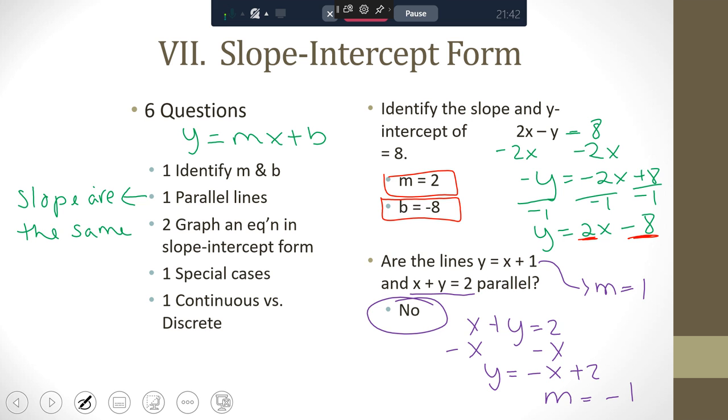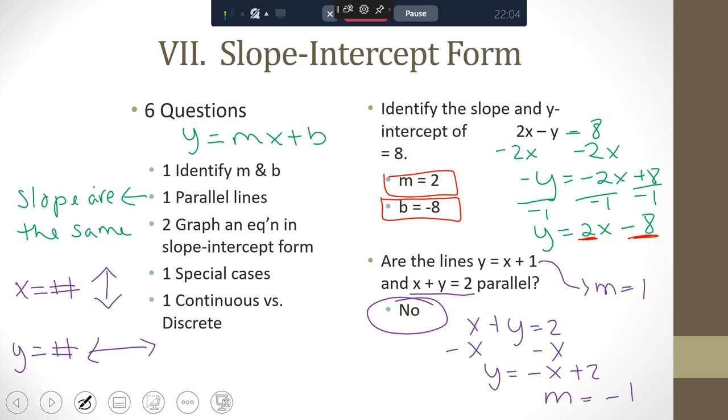Special cases. Again, we only have 2 special cases, and they have not changed. Where we have x equals a number, that is going to be a vertical line. When we have y equals a number and there's no x, it's a horizontal line. Continuous versus discrete.